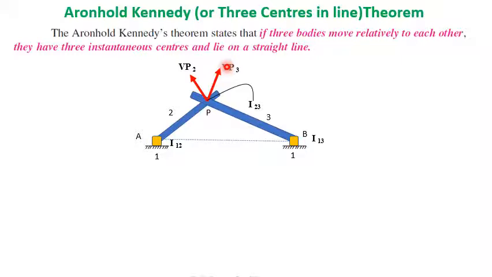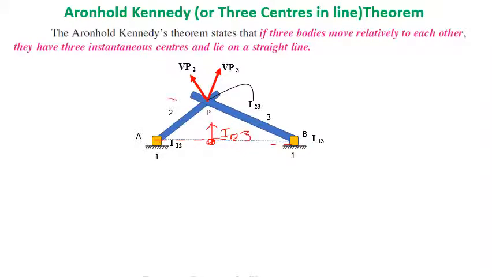So in order to make these two directions the same, this point must lie on the same straight line: I12, I23, and I13.